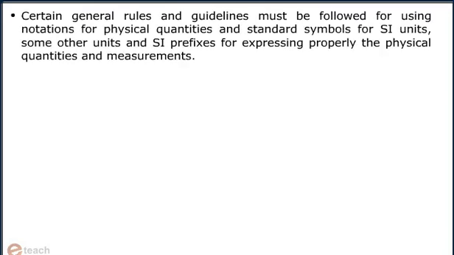Certain general rules and guidelines must be followed for using notations for physical quantities and standard symbols for SI units, and some other units and SI prefixes, for expressing properly the physical quantities and measurements.